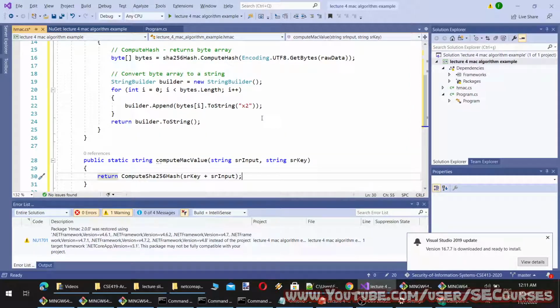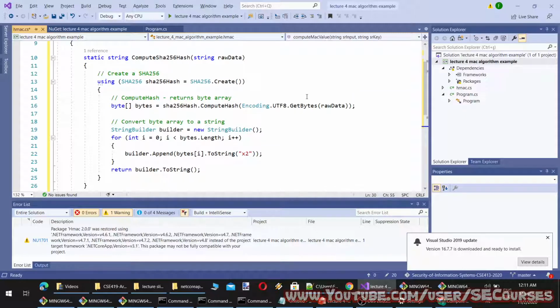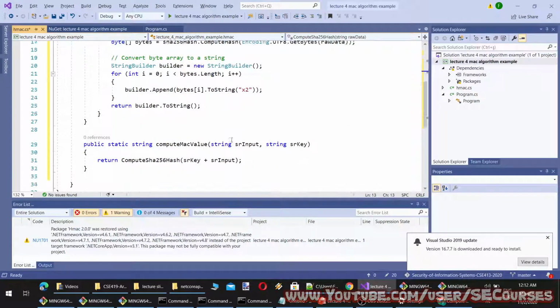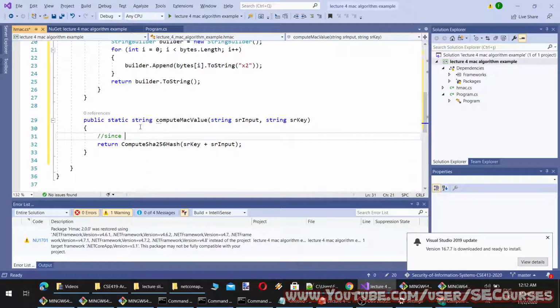I'm going to write a note about the output space. This is also like password salting.